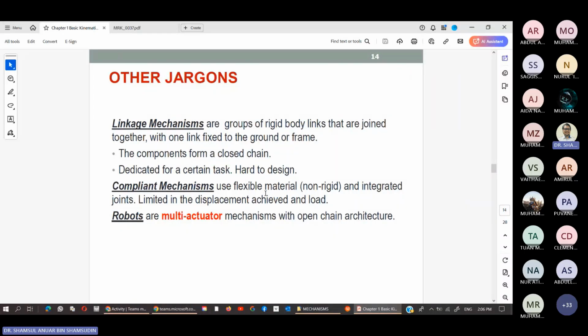With compliant mechanisms, we possibly do not need complex types of joints. Instead of a real pivot joint, or sorry, revolute joints, we might have what they call pseudo joints. Unfortunately, I do not include it in this class.